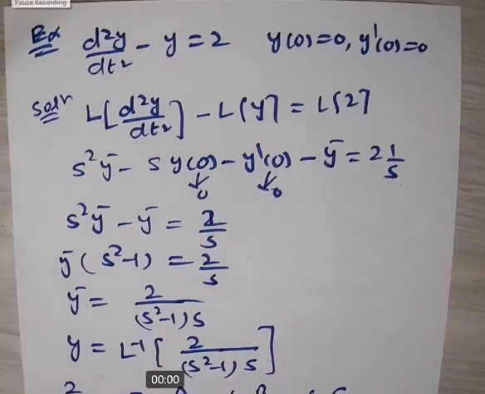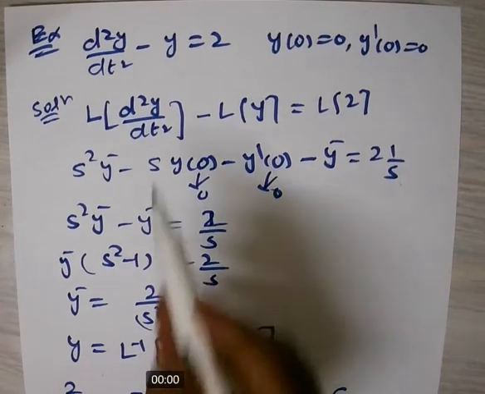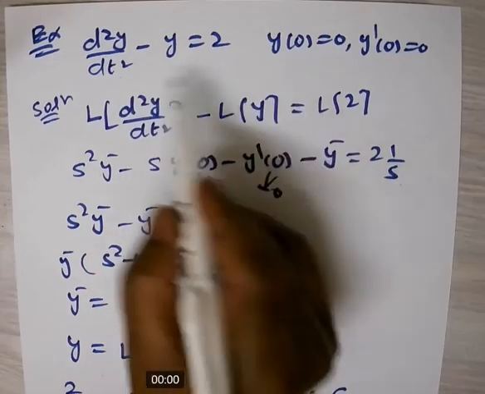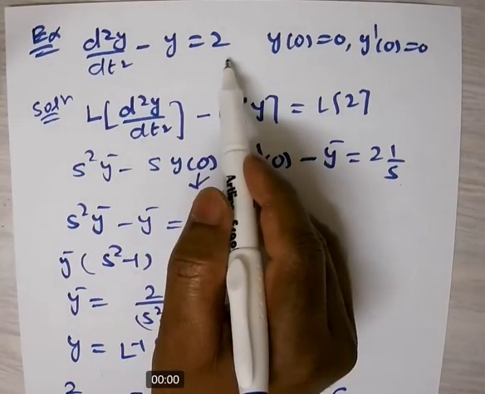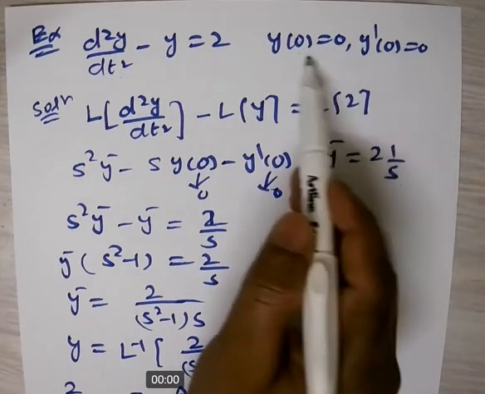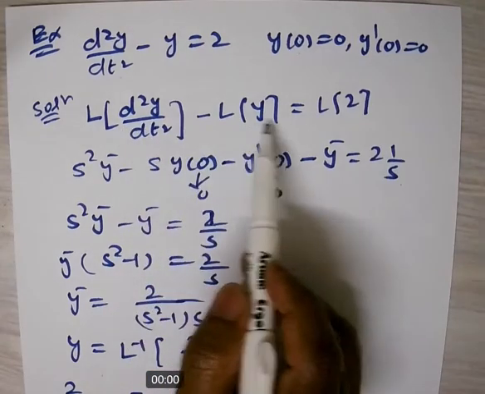Now I am going to tell you, if a second order differential equation is given, how to solve it by using Laplace. d2y/dt square minus y is equal to 2, y(0) is equal to 0, y dash (0) is equal to 0. Again you need to take the Laplace of all terms.